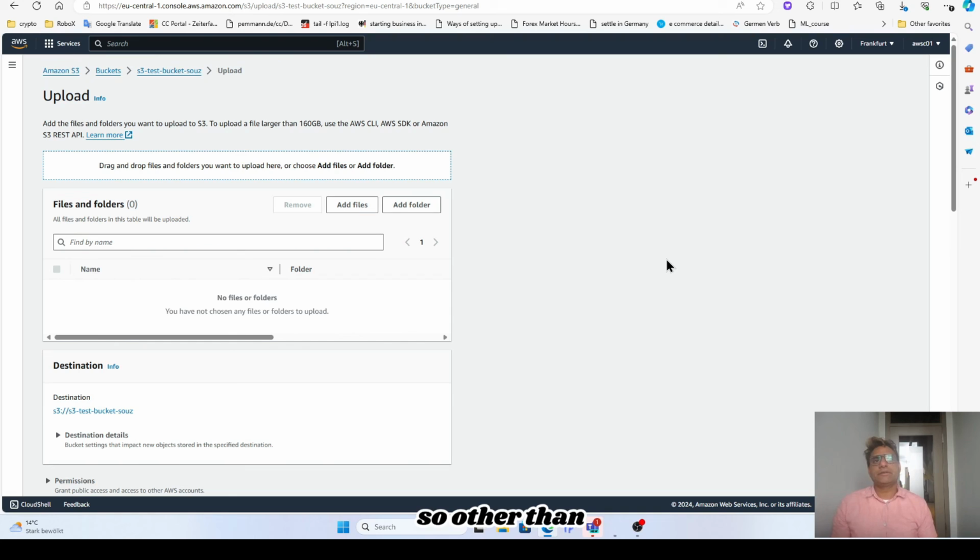Other than that, based on the frequency and kind of usage, there are different styles of storage like file system, Elastic File System, and different types of object storage.